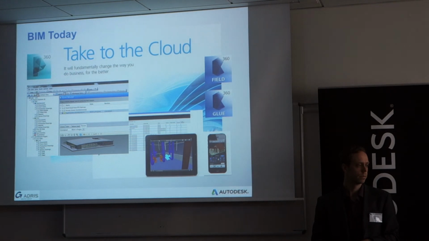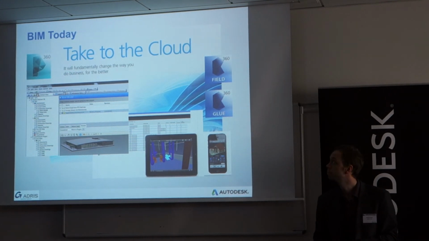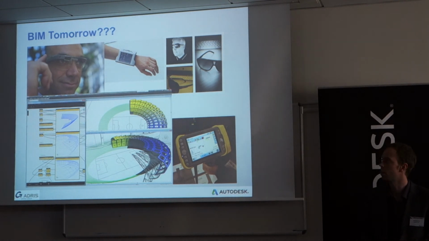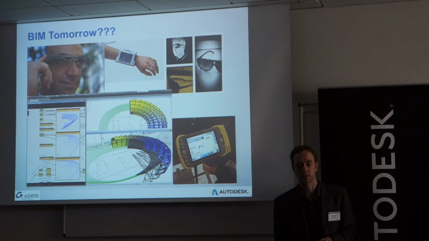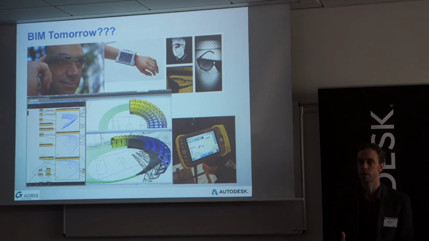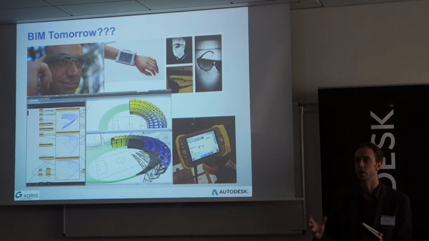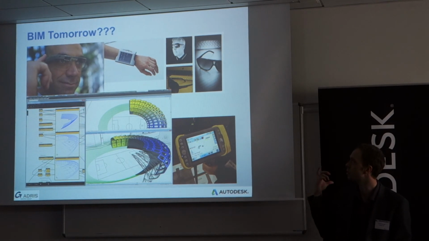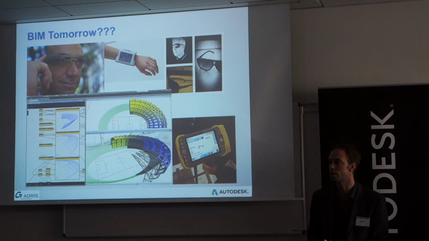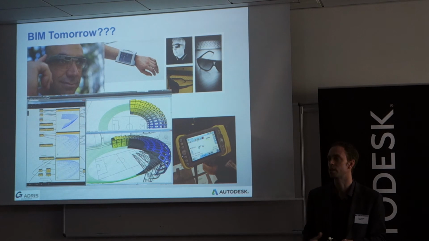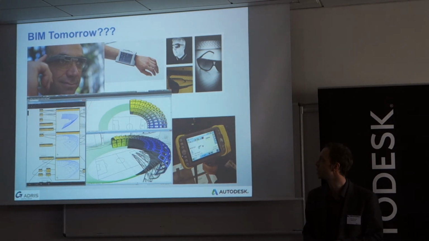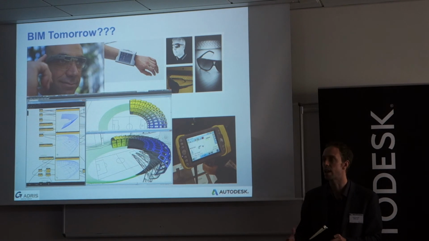And then that obviously relates to things that we're testing at the moment, sort of BIM for tomorrow really. So Google Glass, obviously everybody knows Google Glass. Things like reality capture, virtual environments. The idea of BIM when it comes to Google Glass is that you can virtually go around a building, interrogate things that have been built, and find out some information about those, without having to have documents or drawings with you.